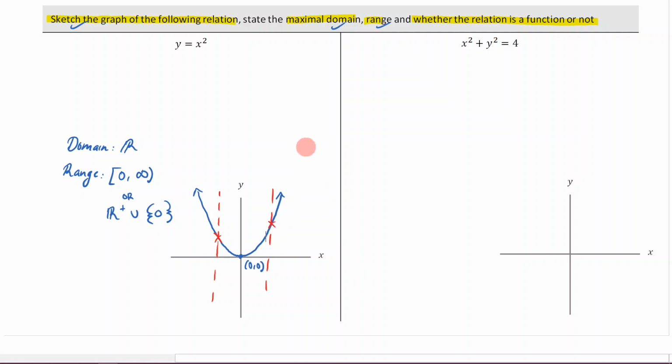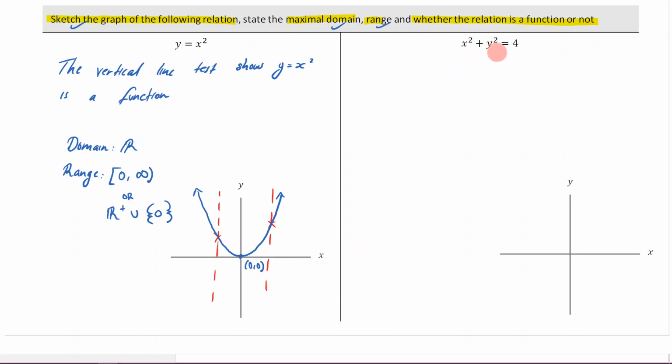So therefore, I'll write: the vertical line test shows y is equal to x squared is a function. Perfect.